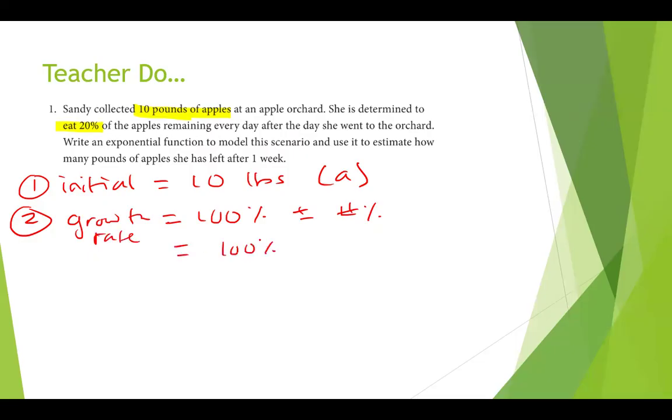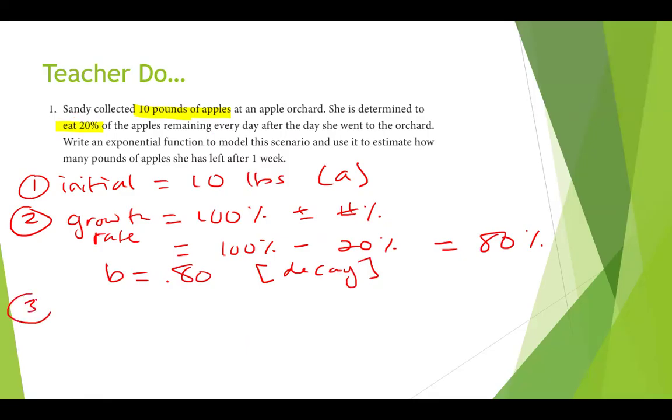We have 100% and she's eating, so that's going to be minus 20%, right? So 100% minus 20% equals 80%. So therefore our B equals 0.8. And it's not a growth, it's a decay. Step 3 is to write our equation.